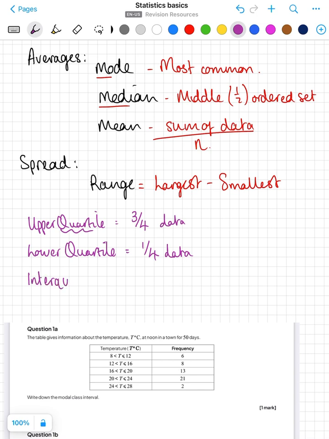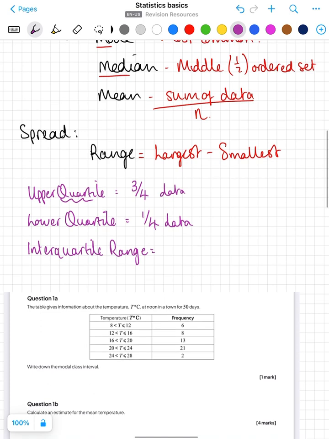The reason we look at the quartiles is that this gets rid of any extreme pieces of data at the top or bottom end. So for example, if I was teaching a class of 12-year-olds, including my age in the average of the data would not be a good representation of the actual average age of people in that class. And to find the interquartile range, we do the upper quartile minus the lower quartile.